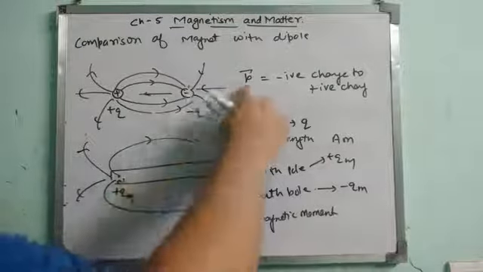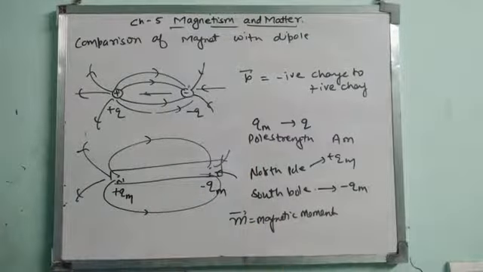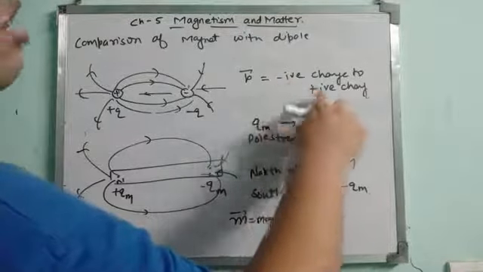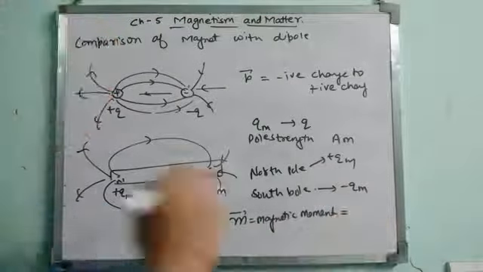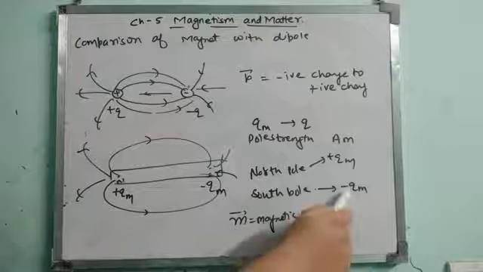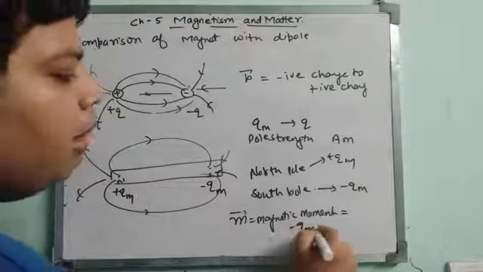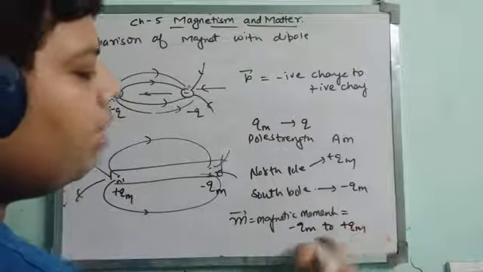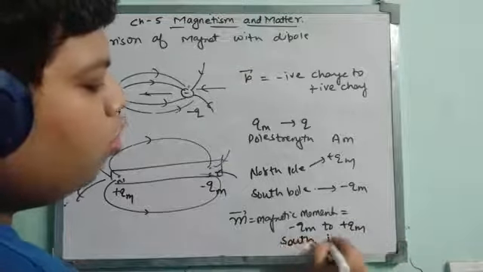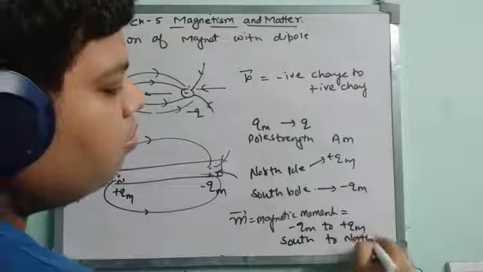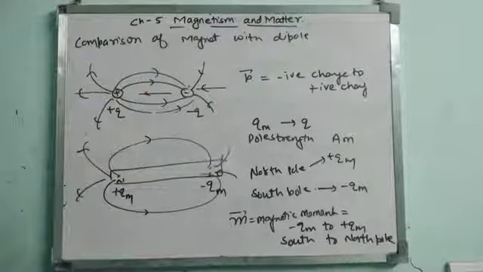P was dipole moment, m is magnetic moment. The direction of dipole moment was negative charge to positive charge, so the direction of magnetic moment is from minus qm to plus qm, that is, south pole to north pole.